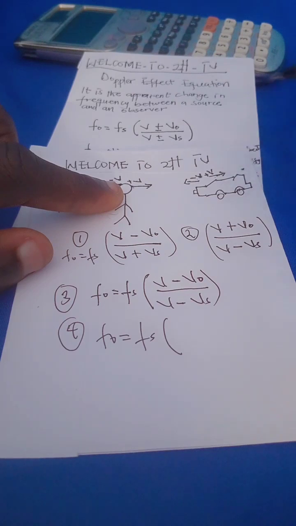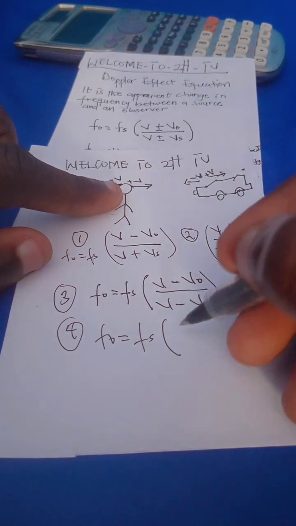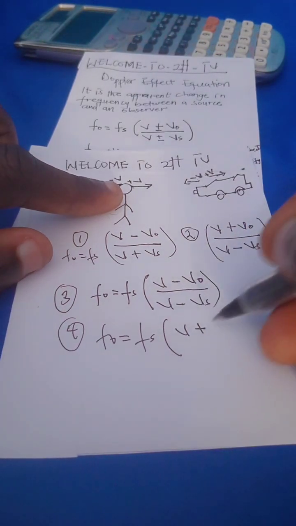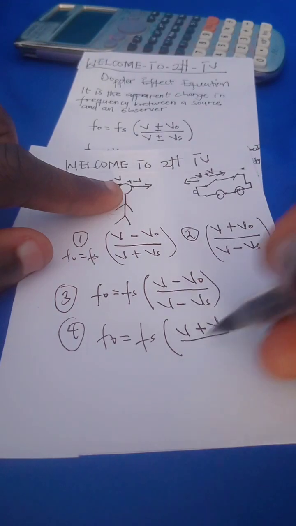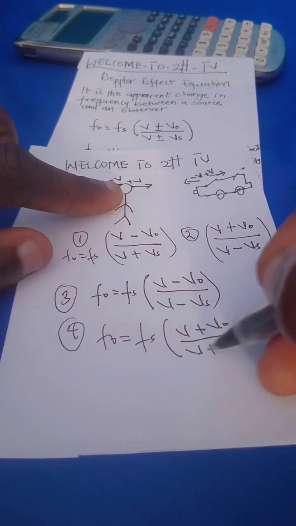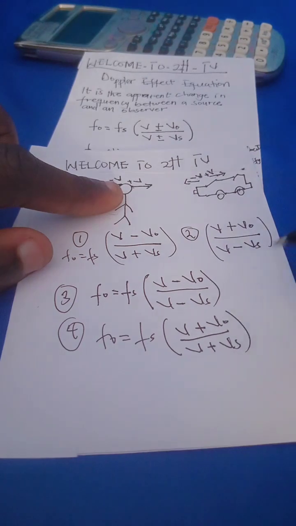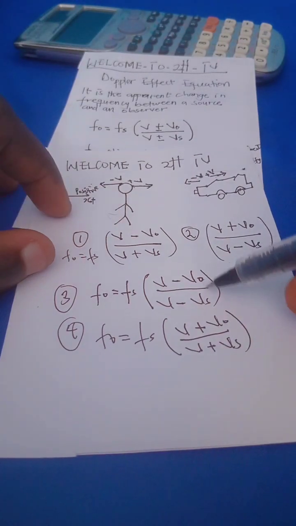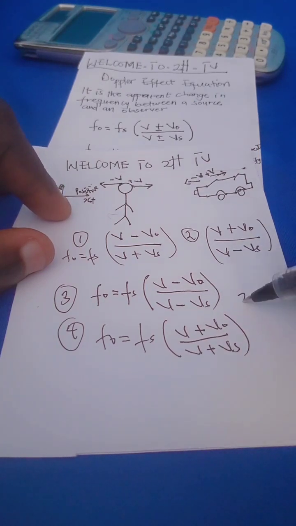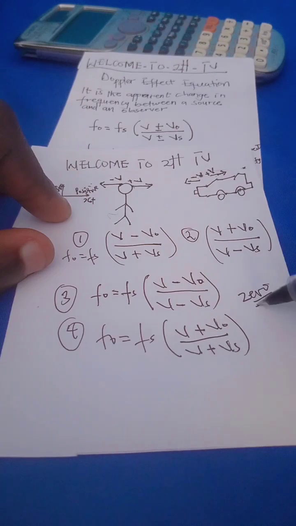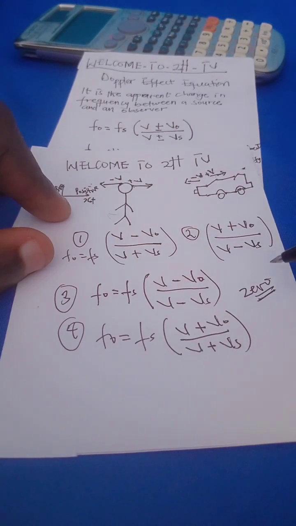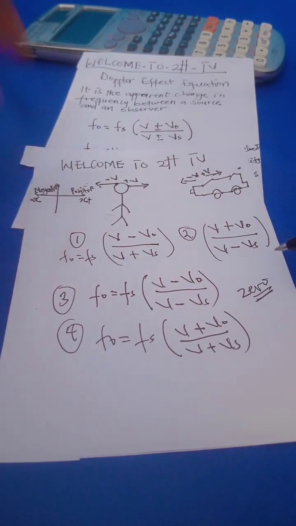So we add both instances: velocity plus velocity of object divided by the velocity plus velocity of source. The velocity of object and source would be 0 when it is stationary. Take note of that. So these are the 4 cases.